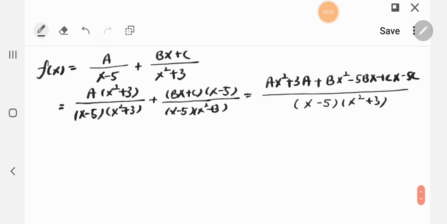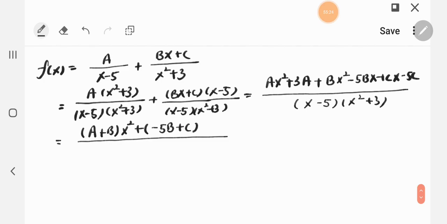Then combine the numerator. The coefficient of x squared is a plus b. The coefficient of x is negative 5b plus c. And the constant is 3a minus 5c.